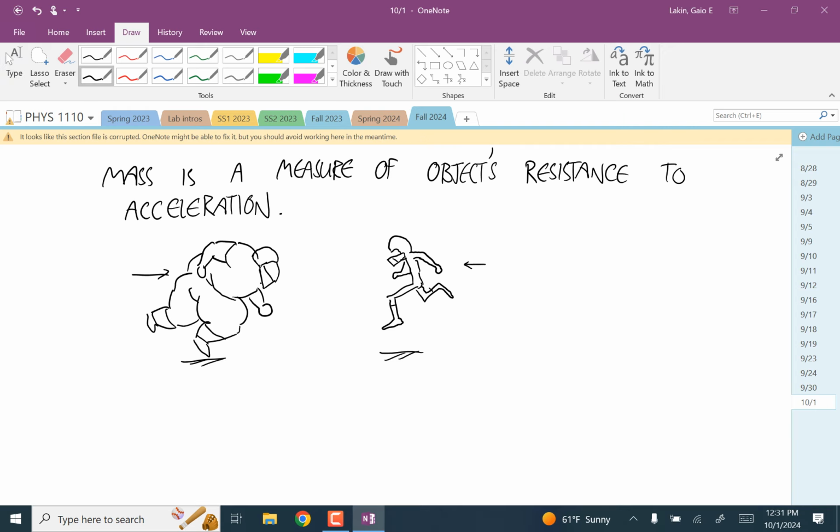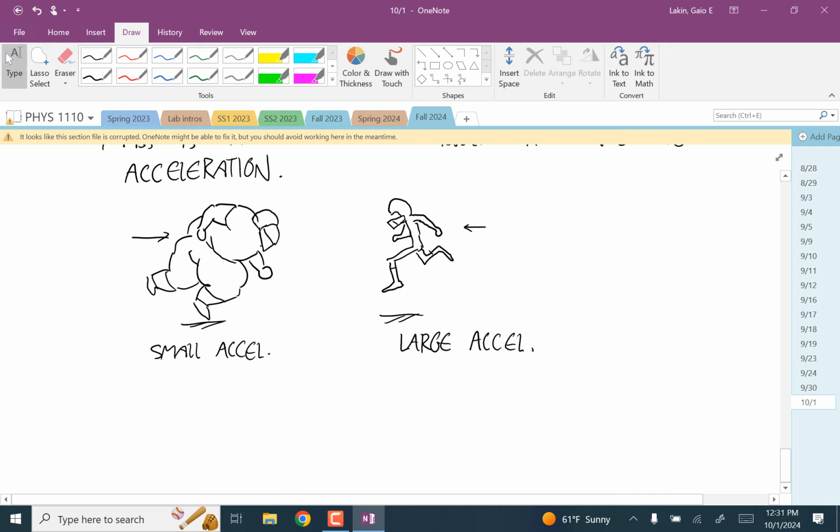So this collision is going to cause a small acceleration to this guy and a large acceleration to this guy. And so using the definition of mass, that tells you that this guy on the left has a big mass, and this guy on the right has a small mass.